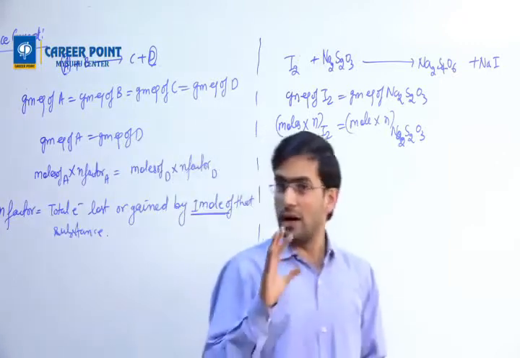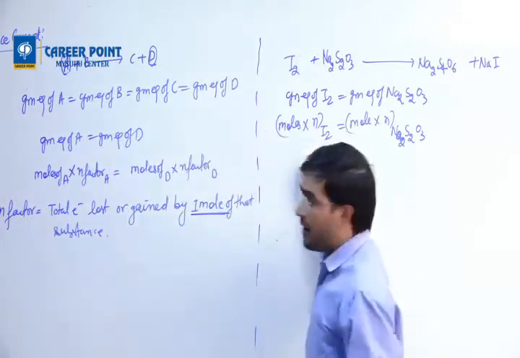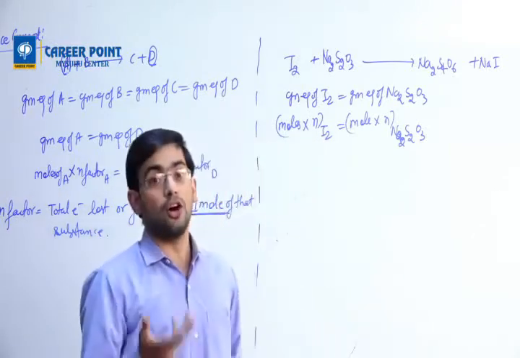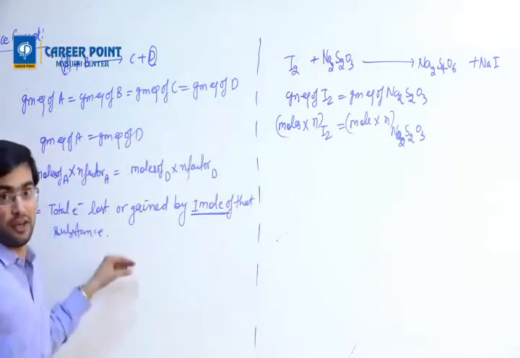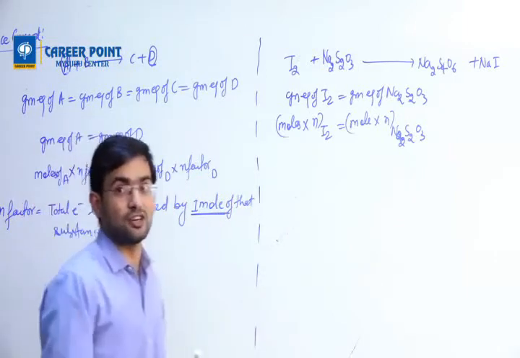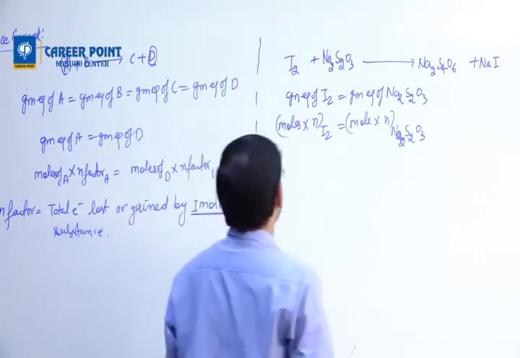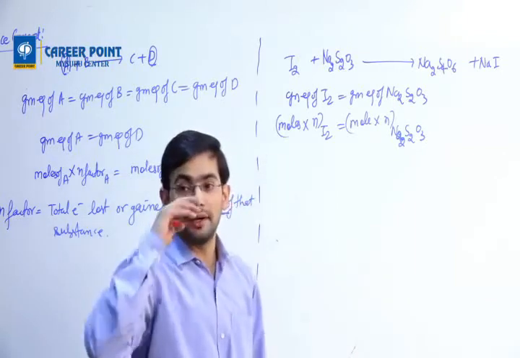While talking about N factor, how do you find it? To find N factor, total electron loss or gain, you should know how many electrons are lost and how many are gained. If you remember, we solved reduction half reaction and oxidation half reaction, where electrons came. So you should first find the oxidation number.